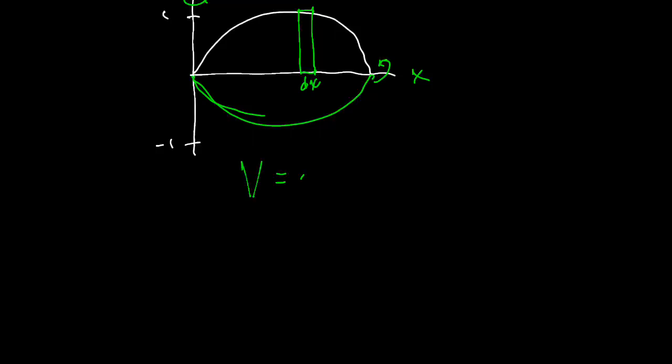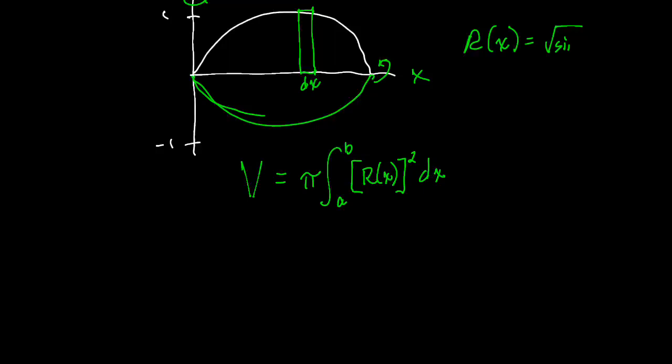So here's my volume formula: pi times the integral from A to B of capital R of x, where R stands for radius, squared, don't forget the square of the radius, times the dx. That's the height of each one of these disks. We'll let R of x equal f of x, which was the square root of the sine of x.